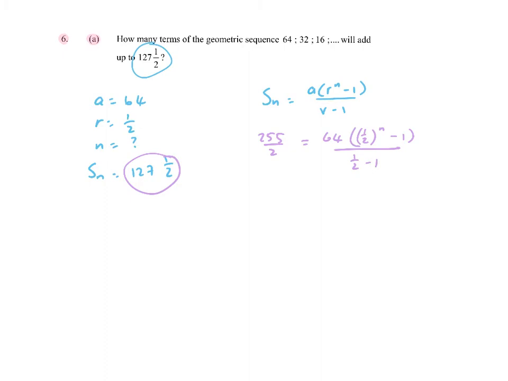So I'll just do it in a couple of steps. So it's 64, and then it's a half to the power of n, minus 1, over minus a half.